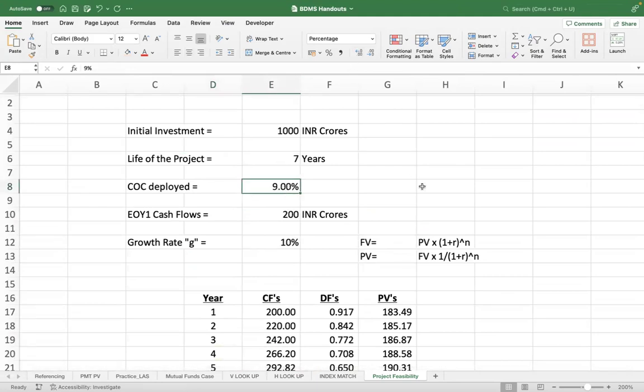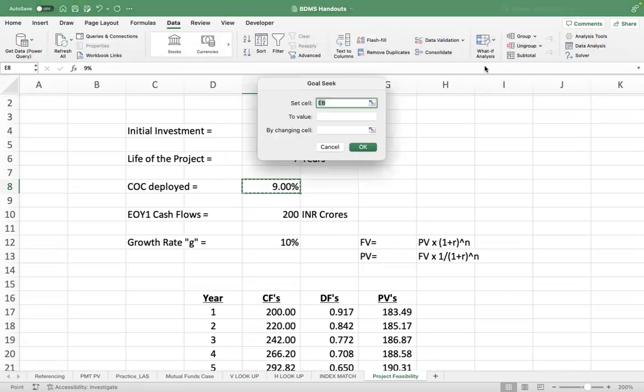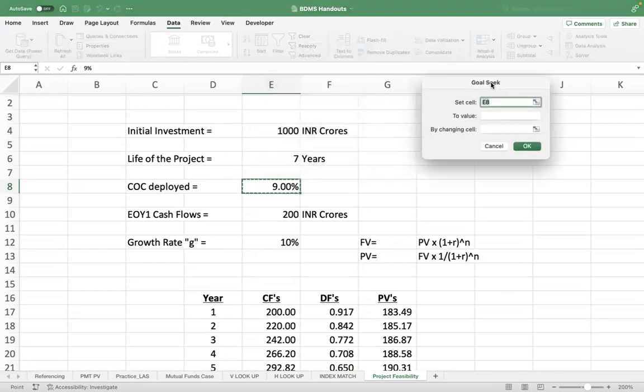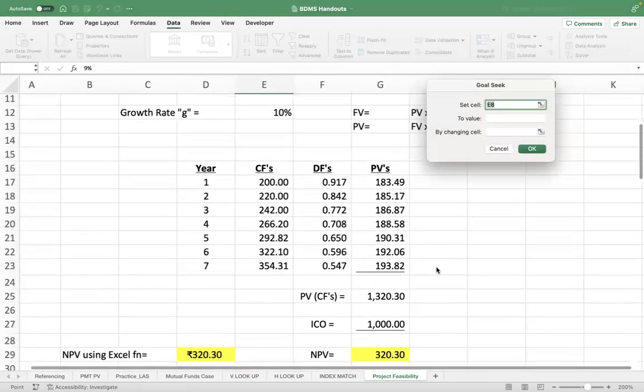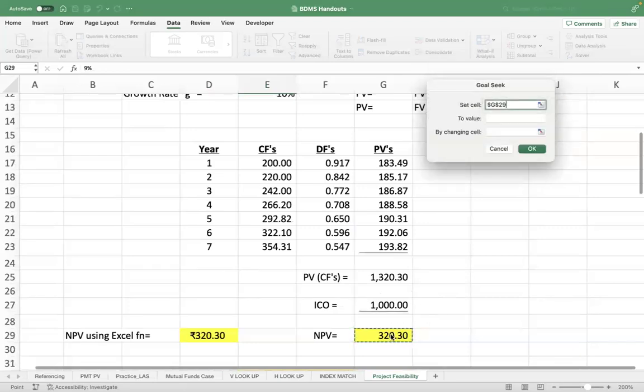You can also find this out by using another function which is called as the goal seek function, seeking a goal, seeking an objective. So if I go here, data, what if analysis, there is something called as goal seek. So in my goal seek, what will I do? My objective for obtaining IRR is what?